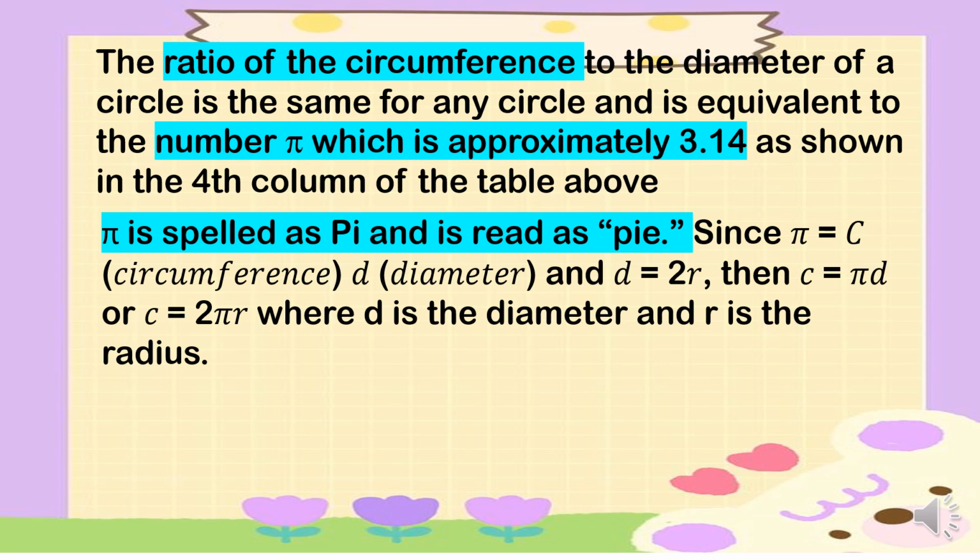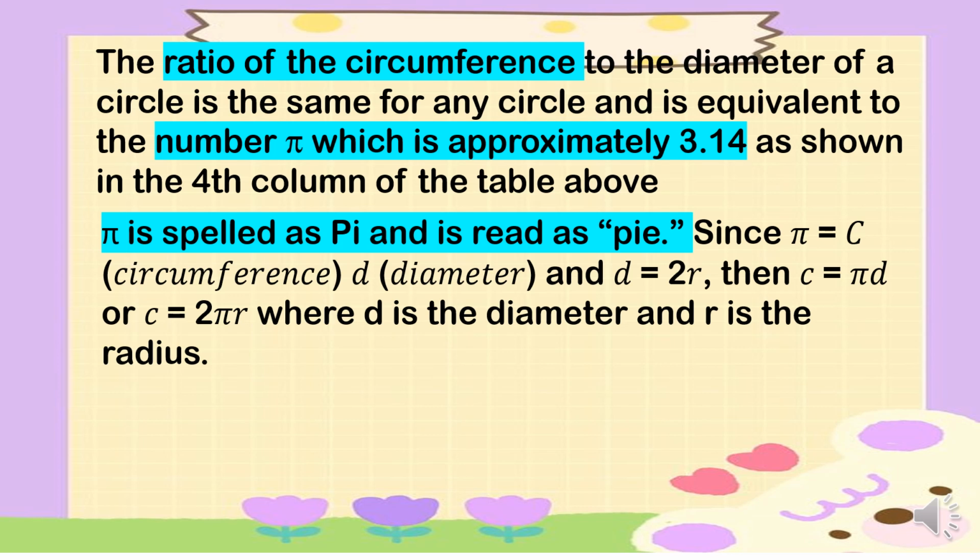Since pi equals C, the circumference, over D, the diameter, and D is equal to 2R. Okay, so the diameter, when we divide it by two, that is the radius.